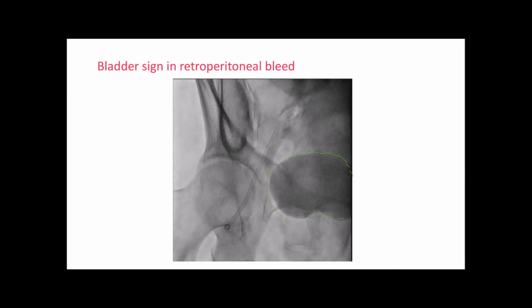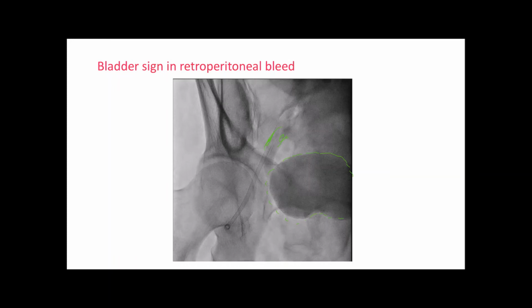So what is a bladder sign? If somebody has a severe retroperitoneal bleed, there will be blood collection in the pelvis, and it's a potential space. So it will compress the bladder.